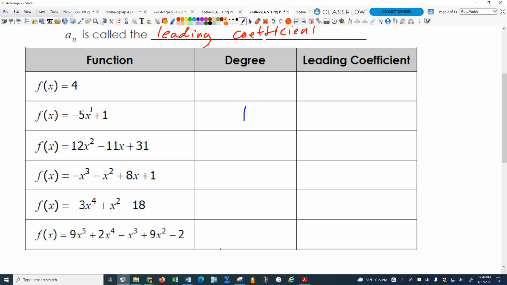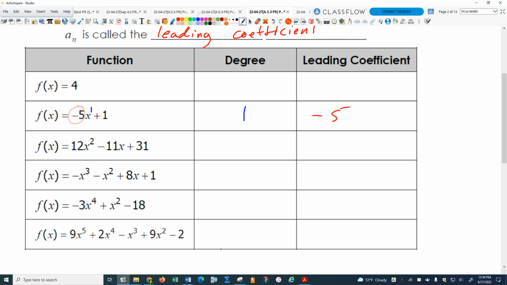What's the leading coefficient of that polynomial then? Not 0. It's -5, right? Because all we're asking is what's the number that's being multiplied by the biggest power of x. In this case, it's just going to be that number right there. So the leading coefficient is -5.